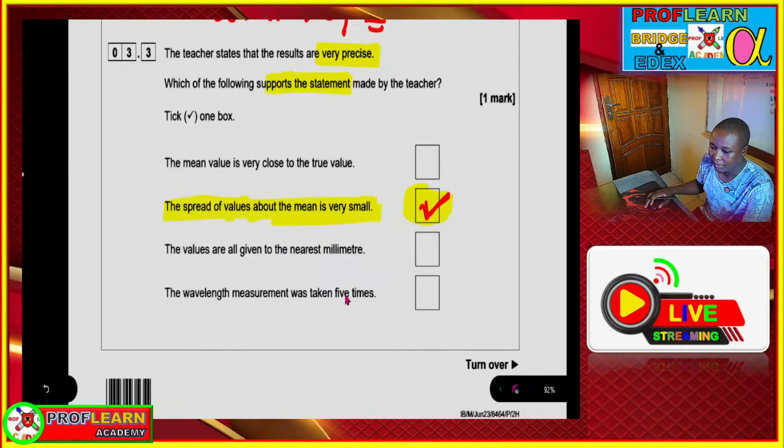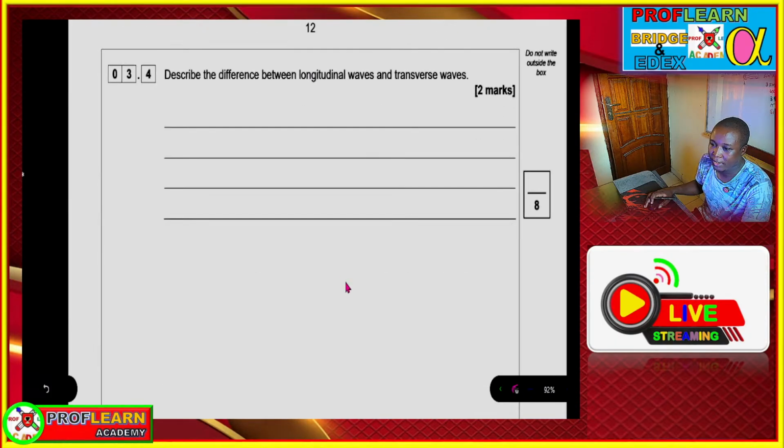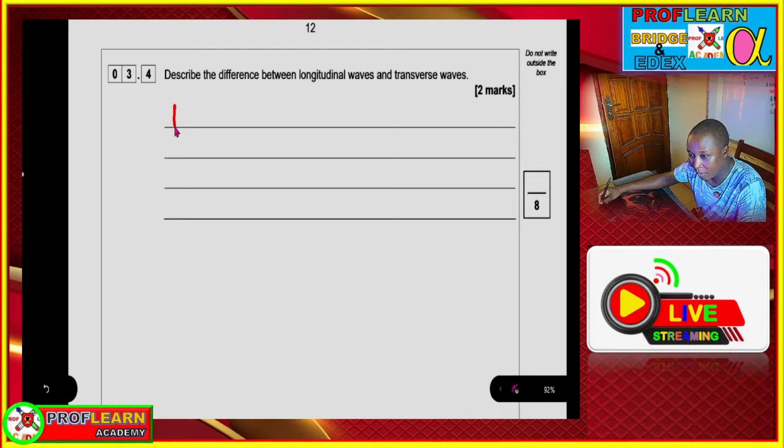Next, describe the difference between longitudinal waves and transverse waves. You need to understand that light waves are transverse waves, and sound waves are longitudinal. So let's state the difference.